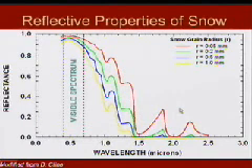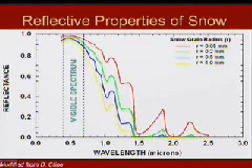We also need to talk about the albedo, and this is one of the slides that you saw last time that shows how the reflective properties of snow depend upon wavelength, and they also depend upon grain radius. And one of the things that happens with snow is as time progresses, the grain size increases.